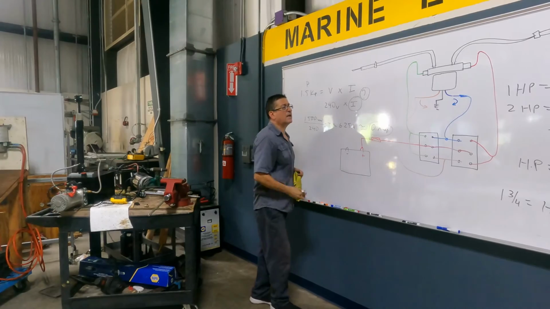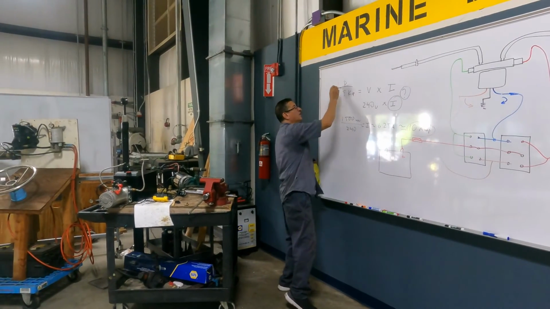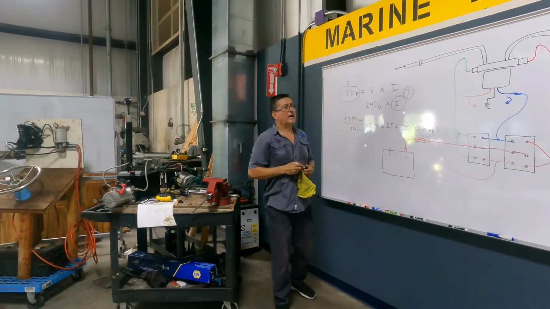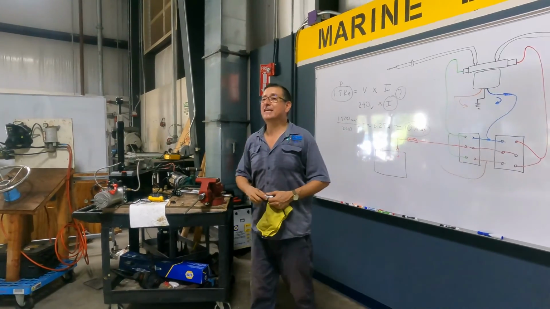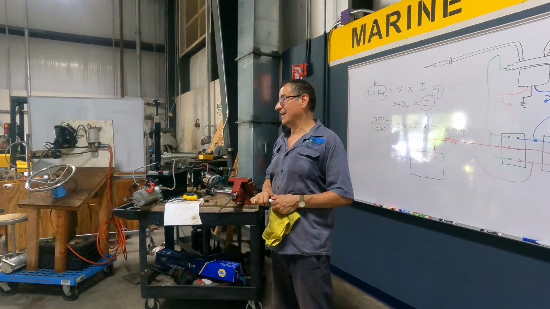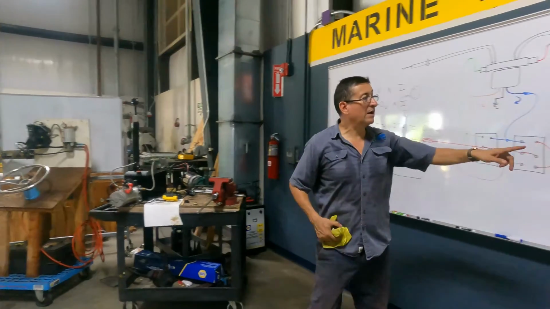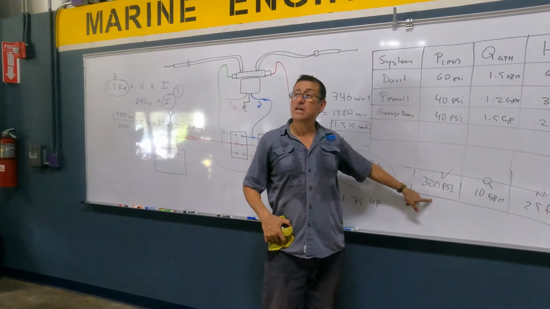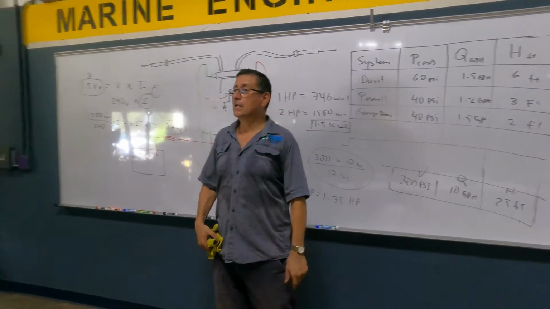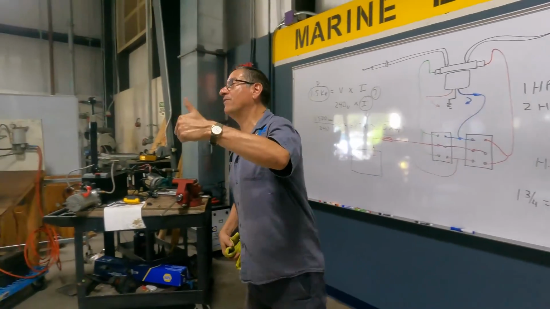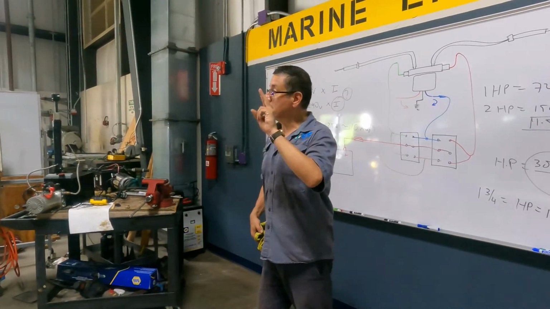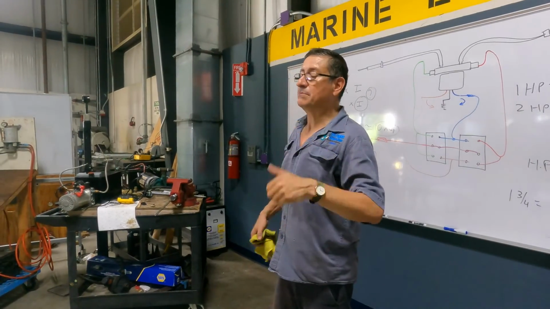I have the breaker, and I have the capacity of the motor in kilowatts. I have all the information that I need for my hydraulic system. I know the capacity of the pump, 300 psi, and the flow, 10 gallons. I need a motor of 1.5 kilowatts, double phase, and I need a breaker of 10 amps. Bingo!